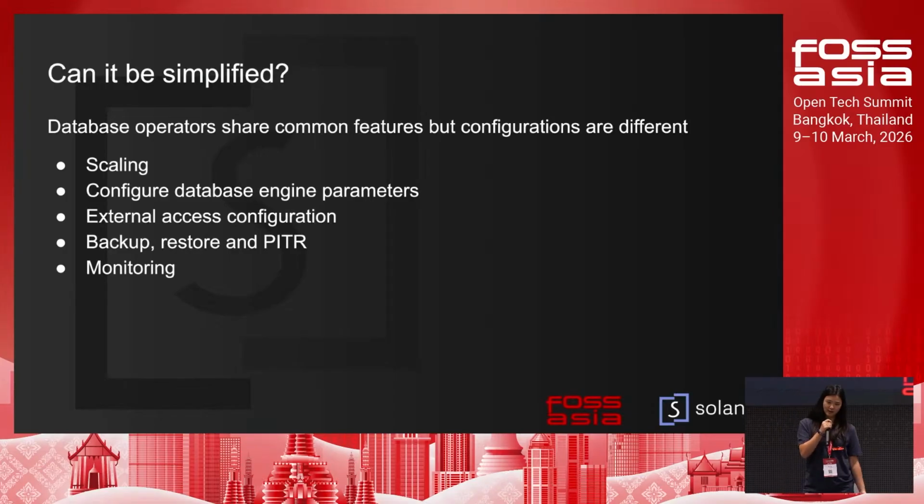Let's say you are using Postgres, you want to configure your Postgres conf. Often people like to set maximum connection count, for example, and the configuration itself is different for different databases, but the idea is you want to configure these parameters. And then, if you want to access your database externally, whether through load balancer or cluster IP, again, you want to enable this configuration, right? And you want to be able to switch if you have to.